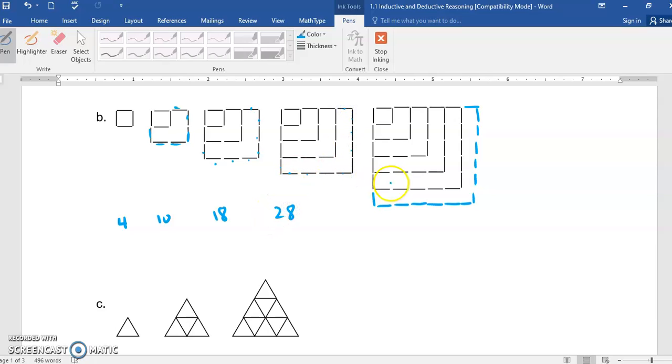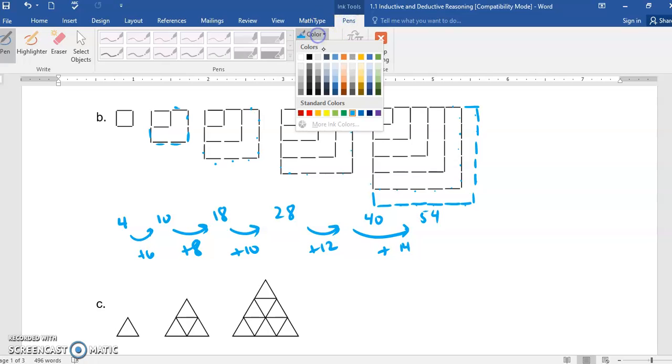28, 40, and then the next one, 41, 42, 43, 44, 45, 46, 47, 49, 54. We might be able to do a pattern then with those numbers. It looks like plus 6, plus 8, plus 10, plus 12, plus 14.